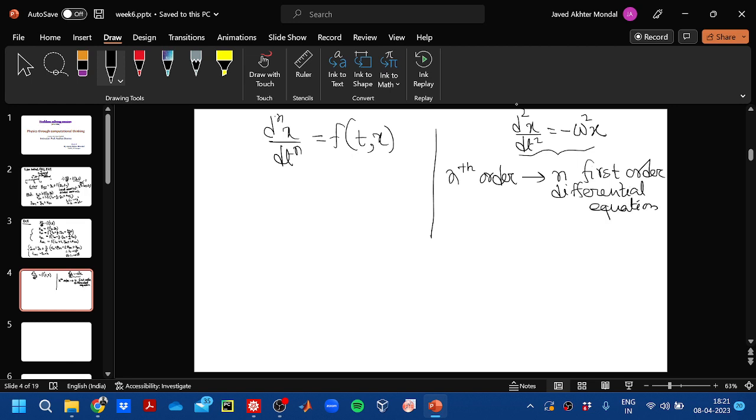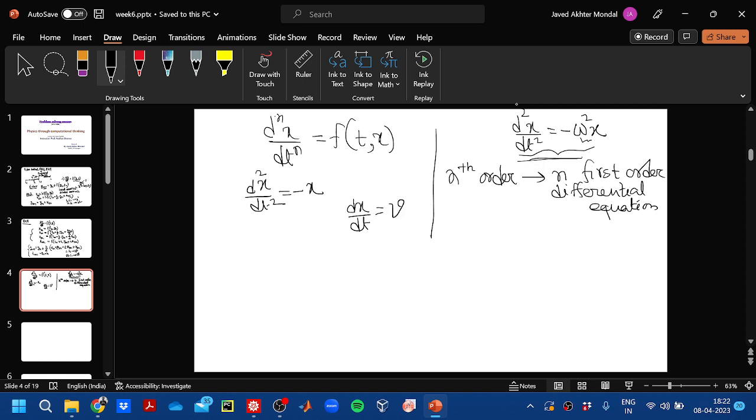So how can we do that? Let us take this example, d2x/dt2. For simplicity, let us assume that omega is 1, so this will be equal to minus x. What we can do is define a new variable. Suppose dx/dt is another variable, which is v.